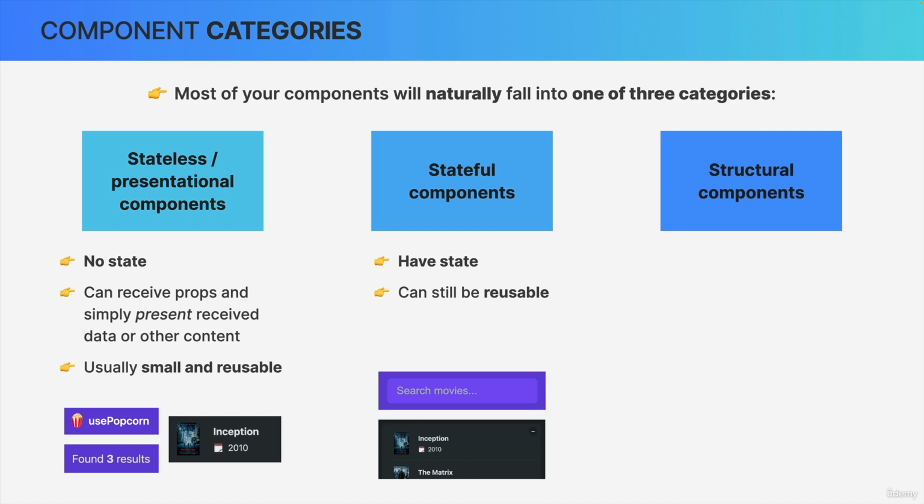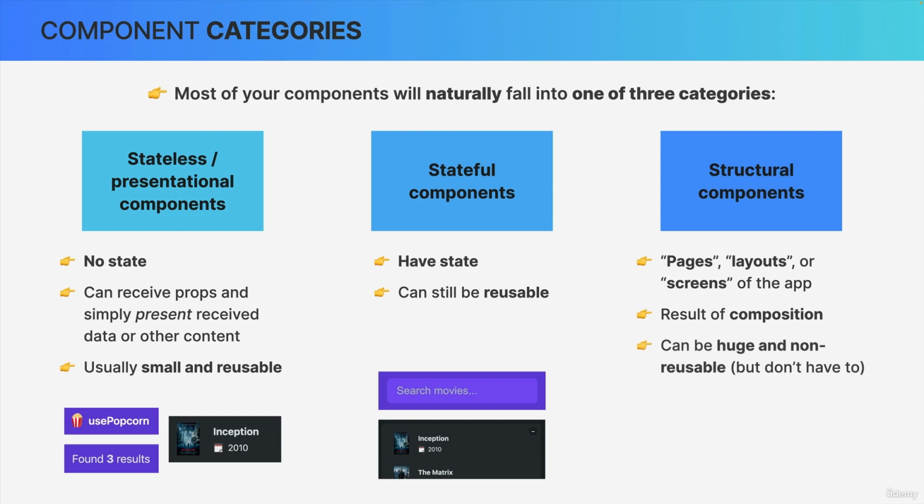Now, finally, you can think of structural components as pages, layouts, or screens of the application, which are oftentimes the result of composing many smaller components together. And more about composition later in this section. So, these structural components can be large and non-reusable components, but they don't have to.